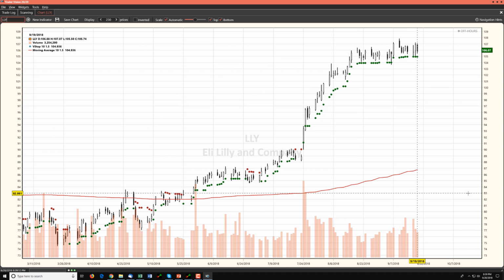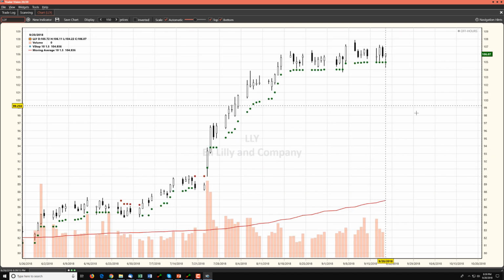Do you already own this? I don't buy hammers. Some people like them. I don't see a lot of value in them. I definitely don't trade against a wick, but I'd rather have the wick on that side for me for a long trade, but I don't find it particularly heartening.